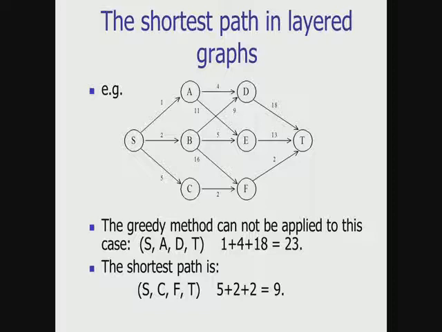We conclude that the greedy algorithm outputs a path whose length is 23 units, as opposed to the shortest path which is from S to C, C to F and F to T, and the cost of this path is indeed 9. Therefore, it is clear that to solve the shortest path problem, a greedy strategy does not work.